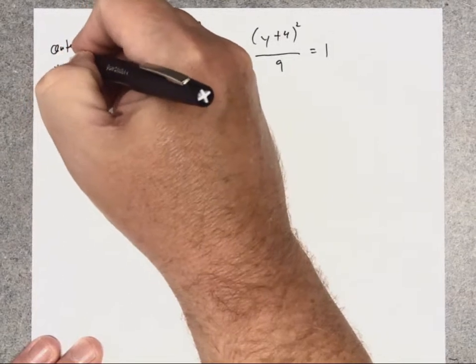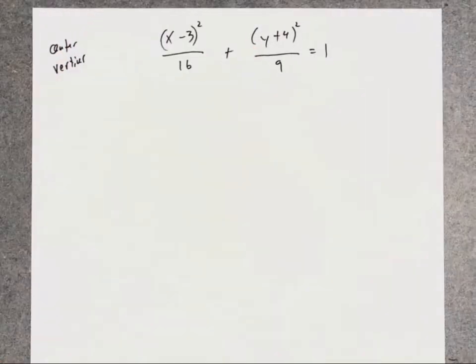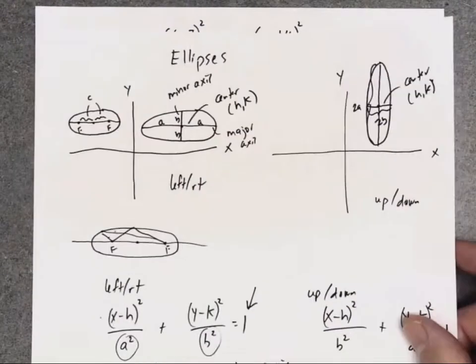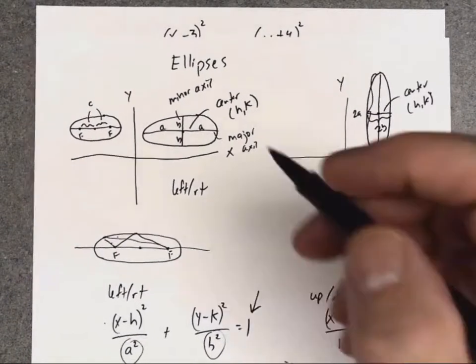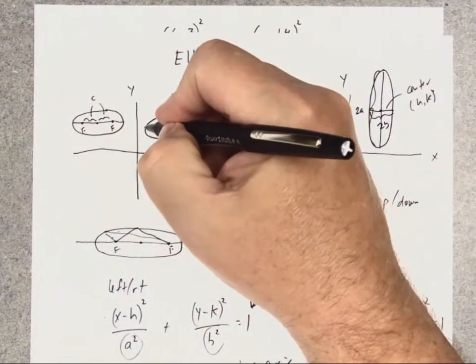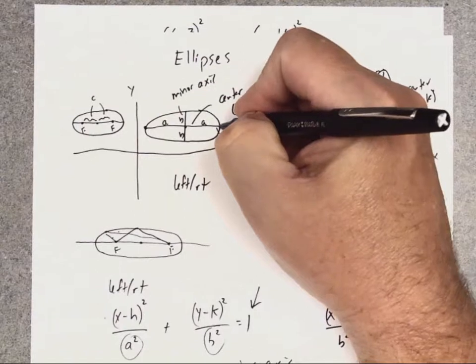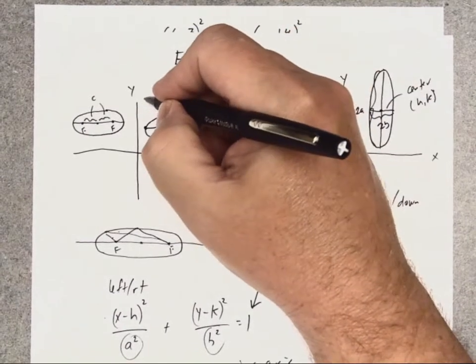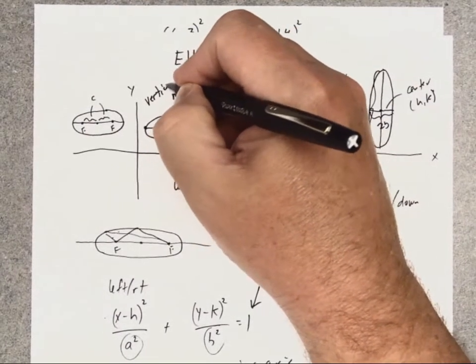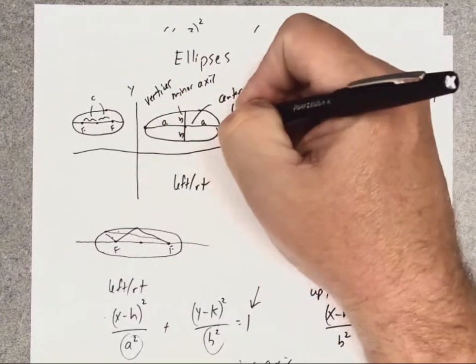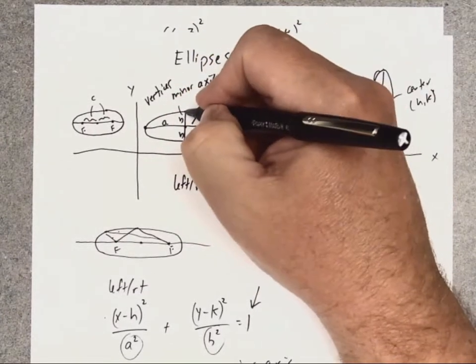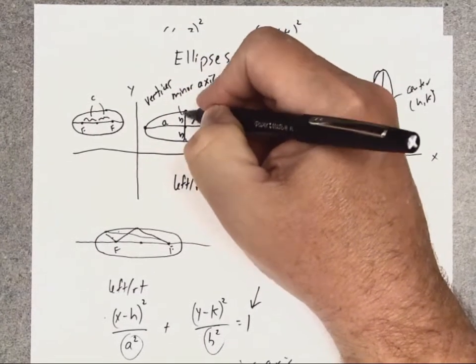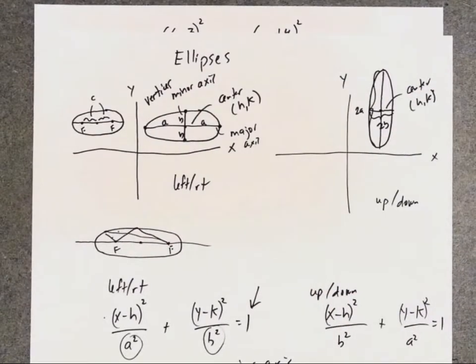And actually, I didn't say this, but if I go back to my picture, they actually call these points here vertices. Like these would be the major vertices, these 2 points. These points up here would be the minor vertices.